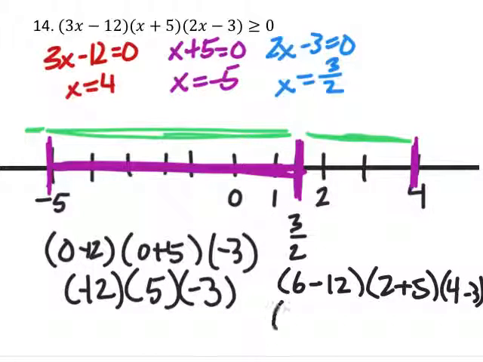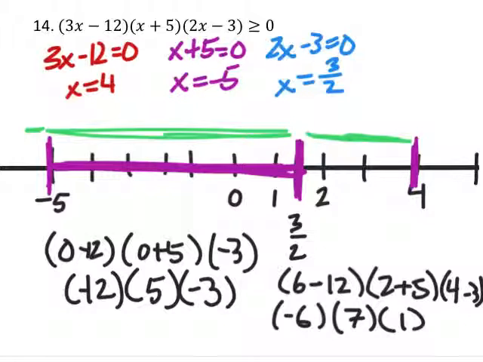So this gives us a -6 times a 7 times 1. Well, this is only one negative. And that means the answer is going to be a negative, which is not greater than 0. It's less than 0. This space right here is just not going to work, all right?